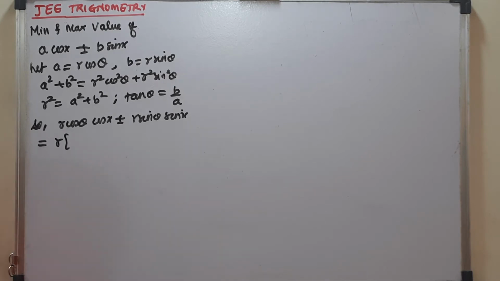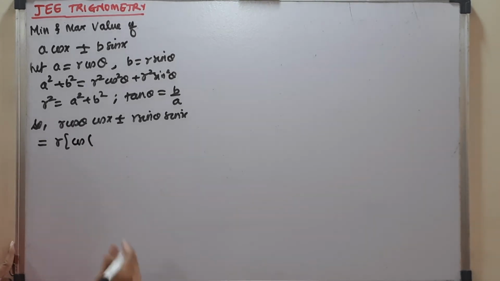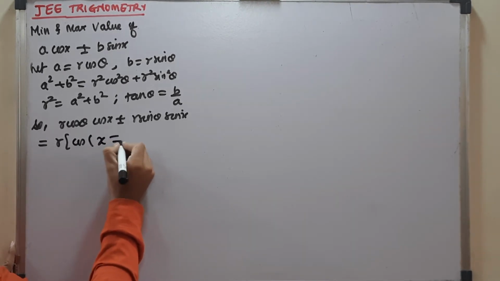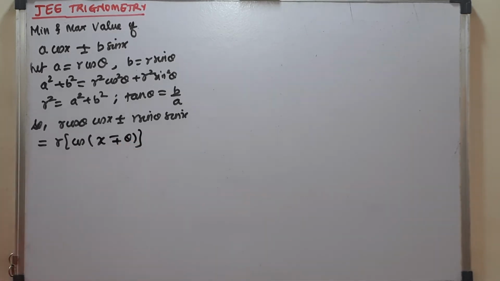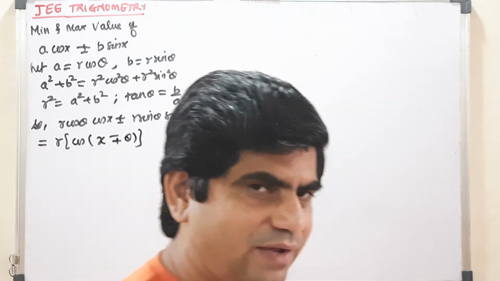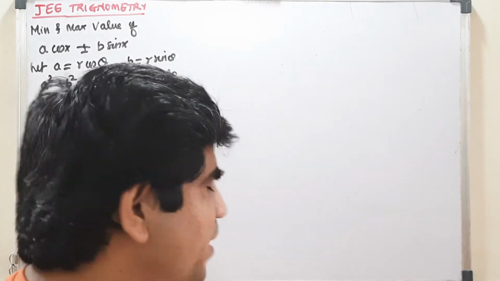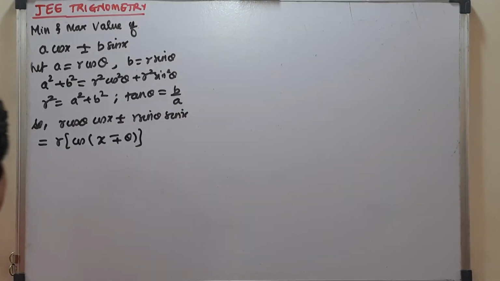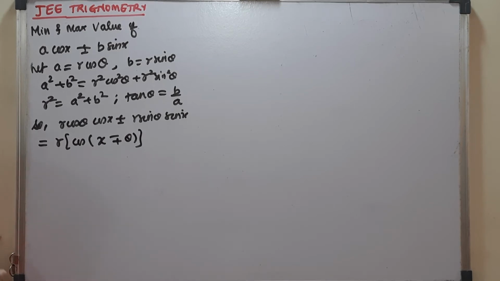Cos a cos b plus sin a sin b is equal to cos of a minus b, so that is cos of x minus or plus theta. This is r cos of x minus or plus theta. You can take one sign, derive the equation, and then go to the other, and solve for the common part. So you got r cos of x plus or minus theta.